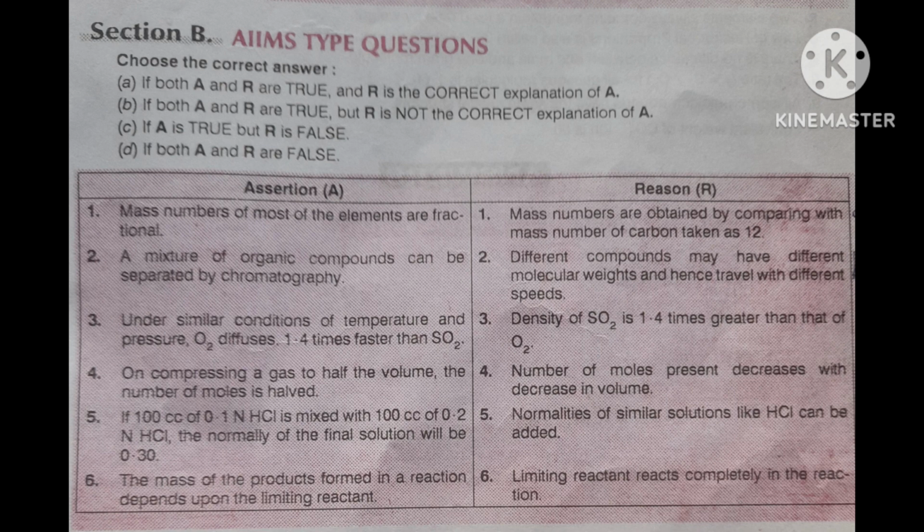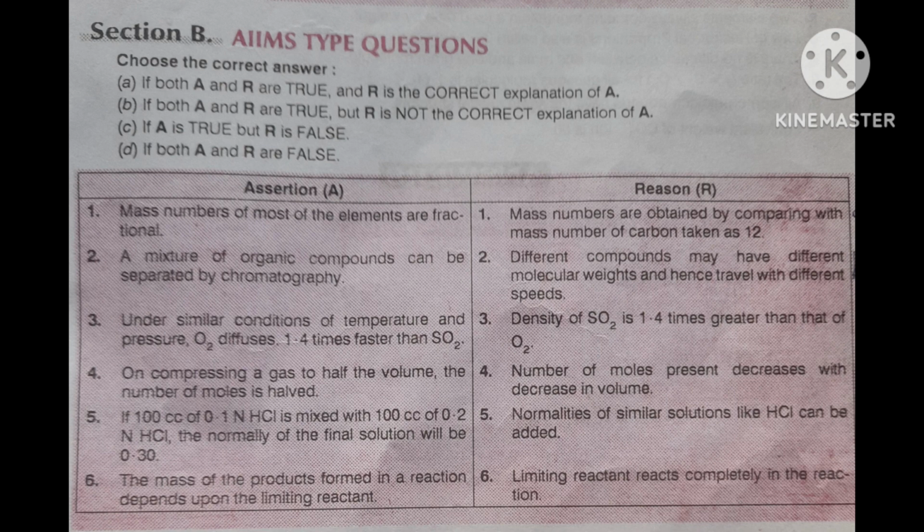Now the next question I am reading. Assertion: under similar conditions of temperature and pressure, oxygen diffuses 1.4 times faster than SO2. Reason: density of SO2 is 1.4 times greater than that of O2.